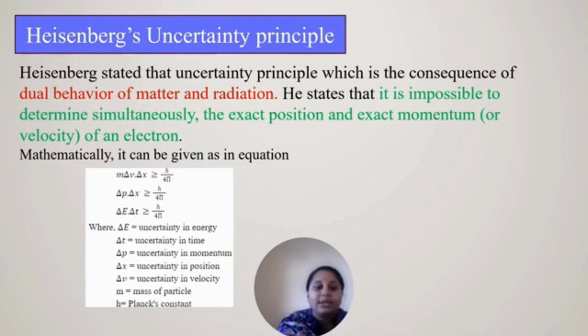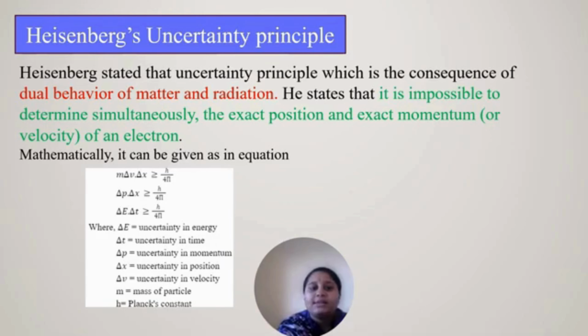So, substituting that in this equation, delta p into delta x is greater than or equal to h by 4 pi. And this is also taken as delta E, that is the uncertainty in energy, into delta T, the uncertainty in time, is greater than or equal to h by 4 pi.